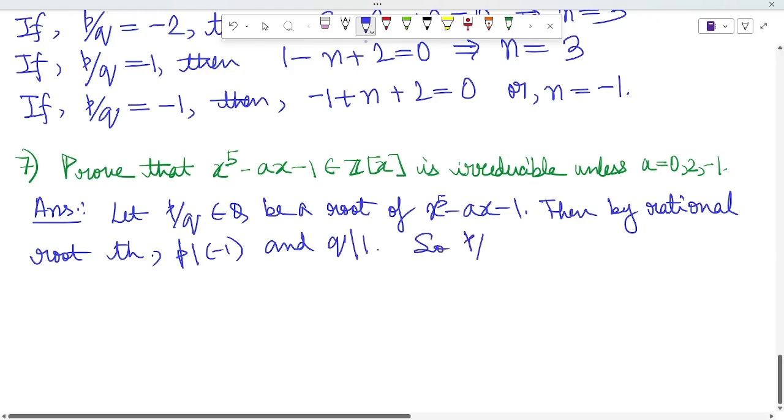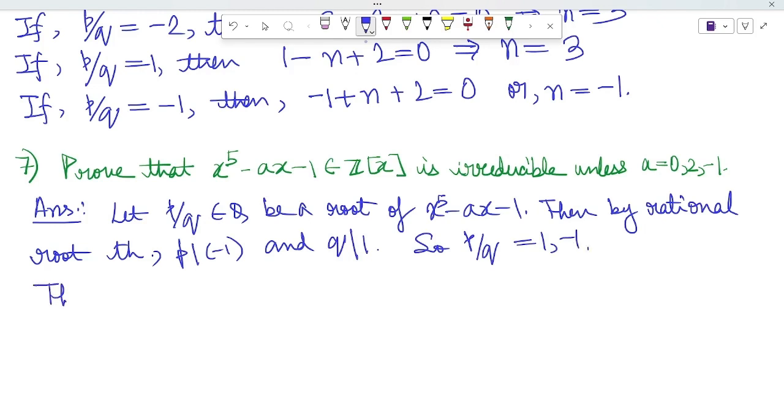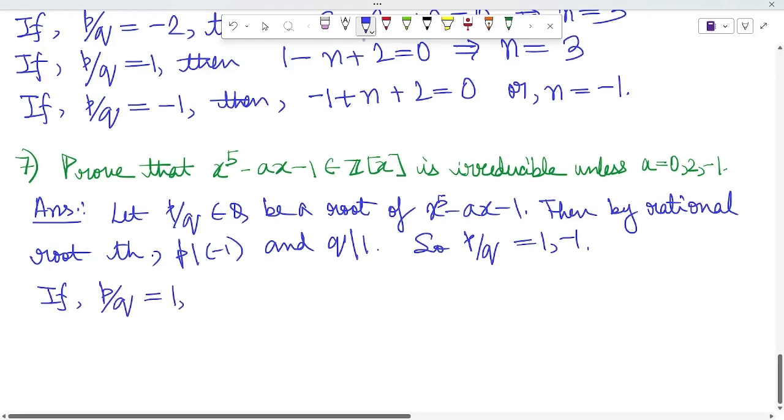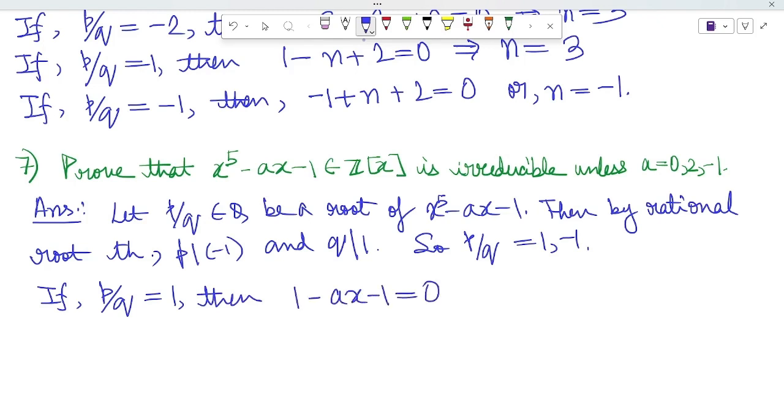So P by Q can be 1 or minus 1. If P by Q is 1, then put 1 here as the root. That means 1 minus a minus 1 equal to 0, so that means a equal to 0. The a equal to 0 case is done.